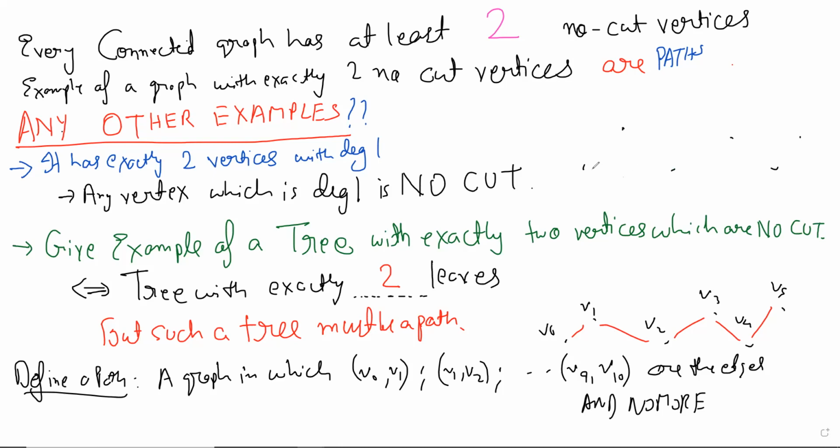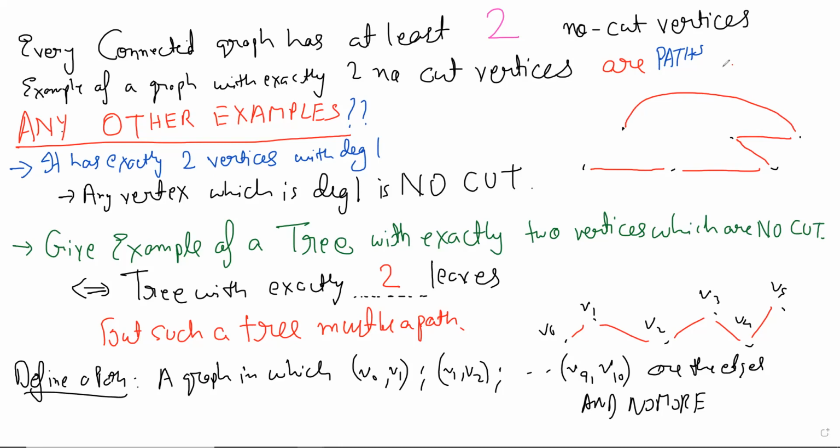It could be like this also. There is an edge from here to here. Then there is an edge from this one here. Then from this one to here. Then from here to here. So you've got a sequence of edges joining everything eventually and no more. Okay. So this is the definition of a path.